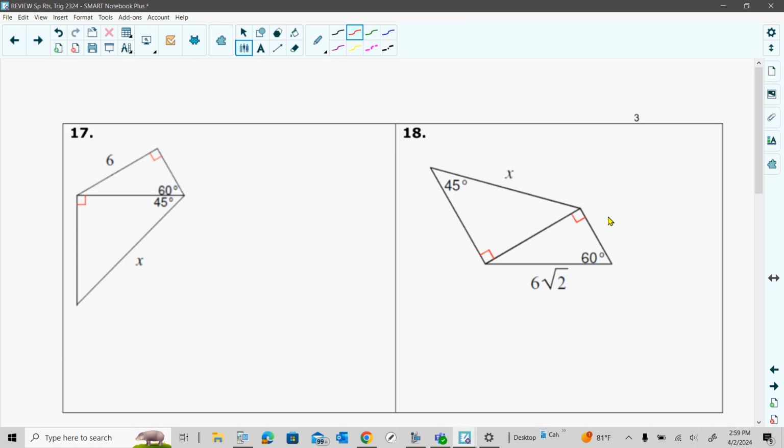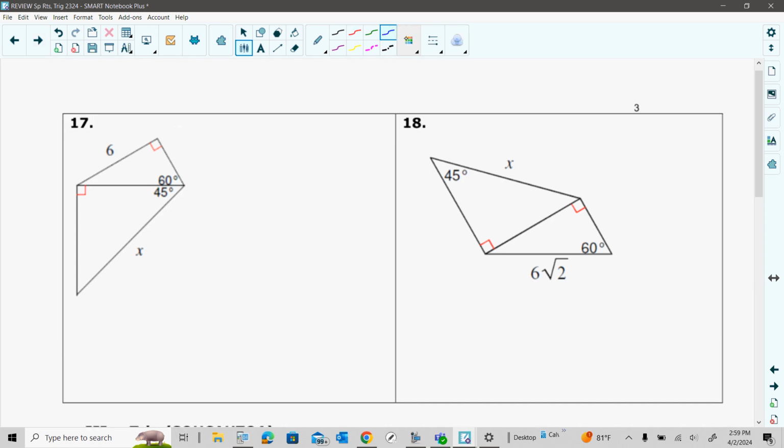So if I go to number 18 here, the given side we need to start with, the 6 root 2, is the hypotenuse, and I need to get back to the short leg. That means I have to take half of it. So the short leg here is 3 root 2. Now I can go to my long leg, which is the shared side here.